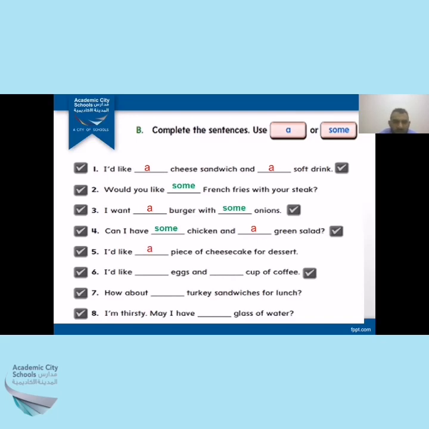Number 6, I'd like space eggs and space cup of coffee. The first one, a, no, some, excellent, brilliant, and a cup of coffee, excellent. Number 7, how about space turkey sandwiches for lunch?